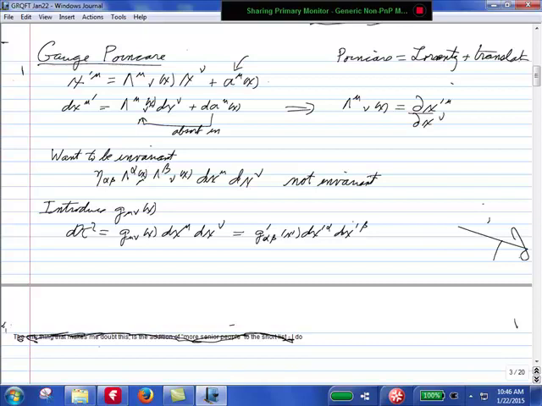This tells me that if I want to vary upper indices versus varying lower indices, there's a minus sign associated with that, because, now I'll just rearrange indices, delta G mu nu with lower indices is then minus G mu rho G nu sigma delta G rho sigma with upper indices.